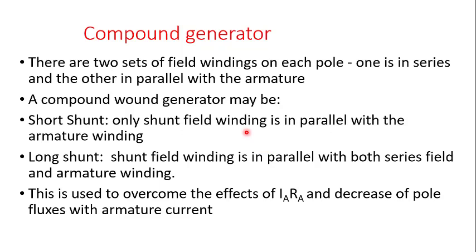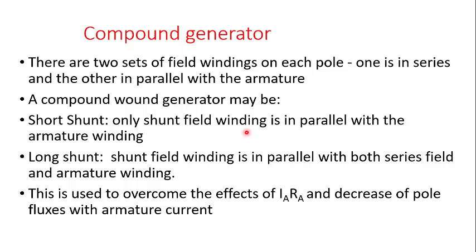So let's look at the compound generator. As I said, it combines the two connections, the series and the shunt that we have discussed so far. There are two sets of field windings on each pole. One is in series and the other in parallel with the armature.